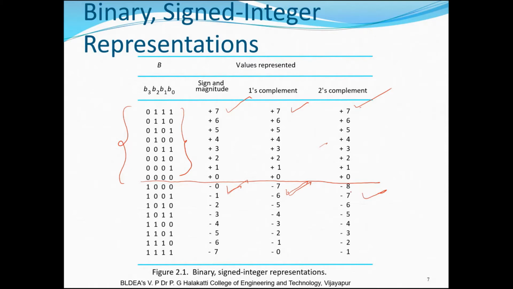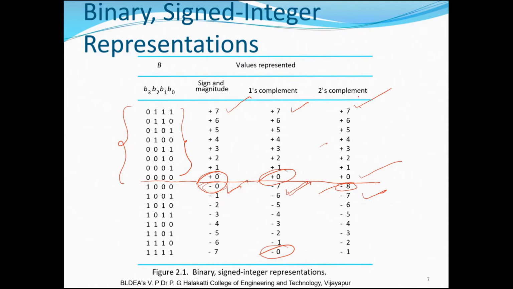As I told you, in 2's complement there will be one extra negative number representation using the same 4 bits, as we don't have -0, there is only one 0, whereas there are +0 and -0 in sign and magnitude and 1's complement. So that was a problem.